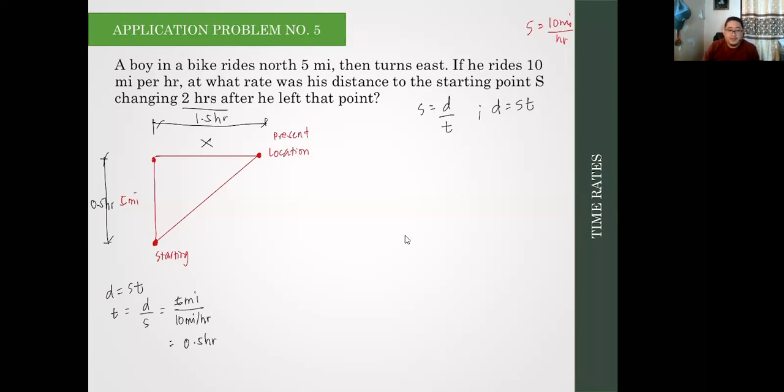Okay? So, ano yung magiging value natin ng x o nung distance natin na yon? So, distance over time, distance equals to speed times time. Distance is equals to 10 miles per hour times yung time natin sa kanya na 1.5 hour.